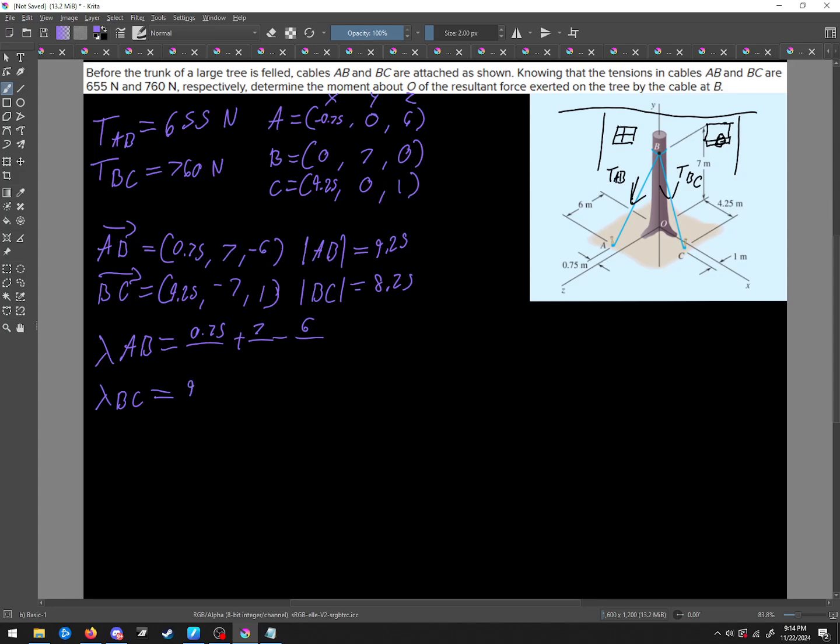And then this one's going to be 4.25, negative 7, 1, and all going to be divided. And that should be i hat, j hat, k hat, to be honest with you, but I forgot that step. Doesn't truly matter, but it does help out a little bit.